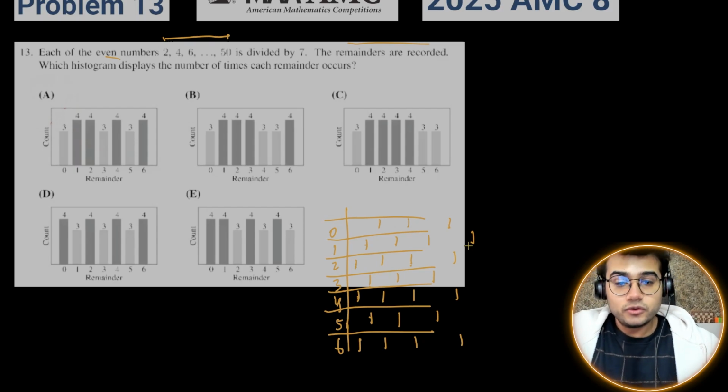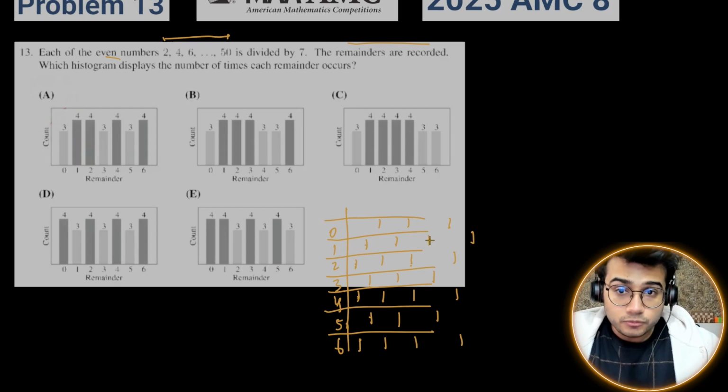And we know that we got it right because 50 is supposed to be 1 remainder 7.